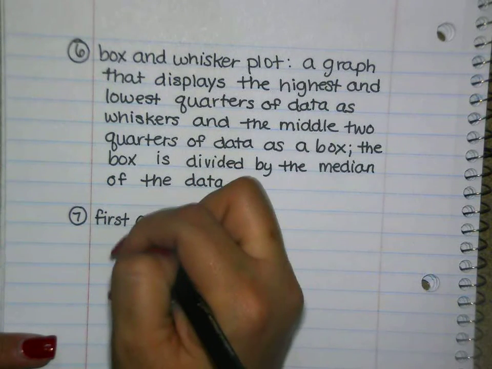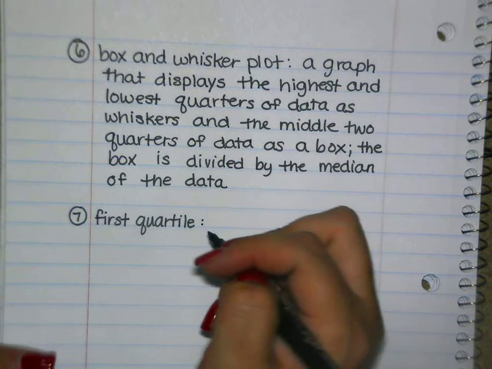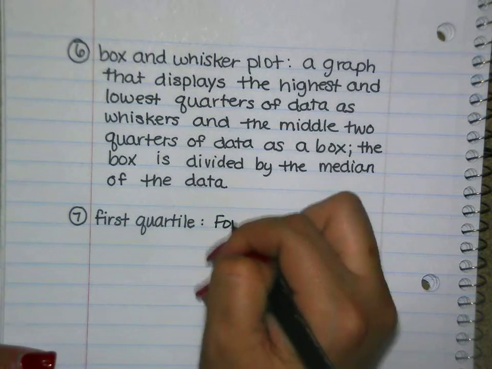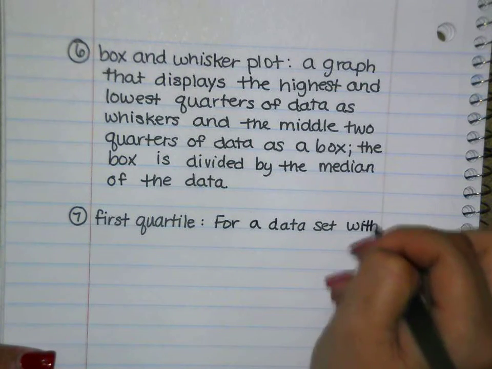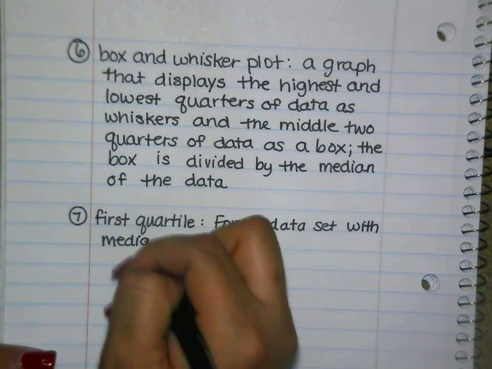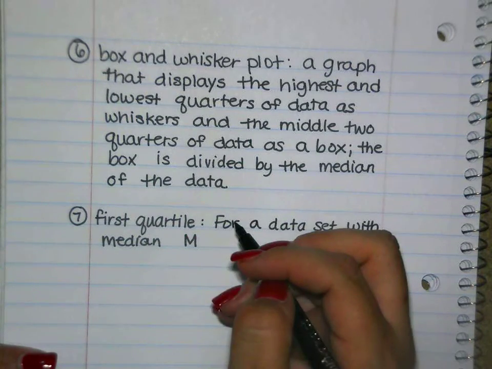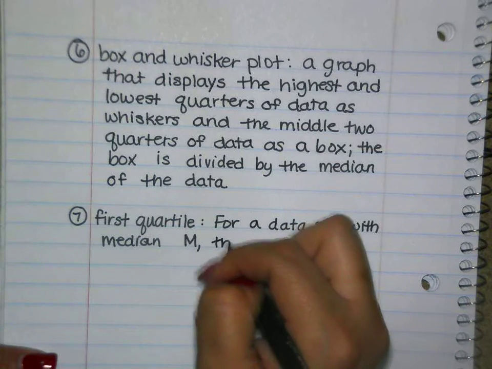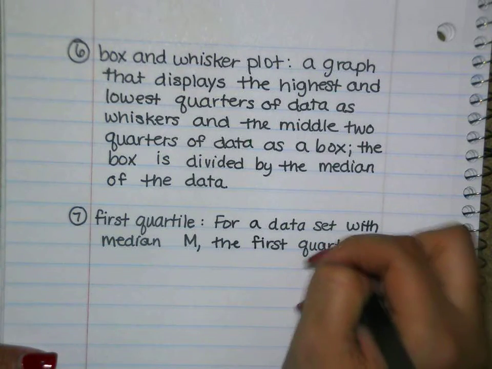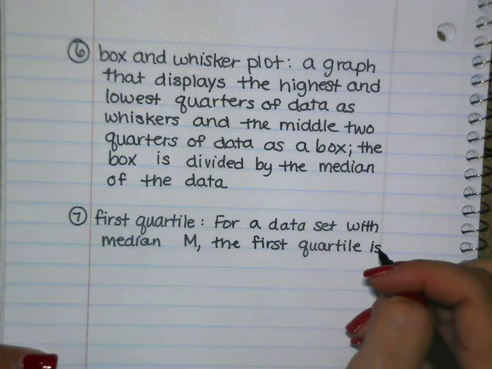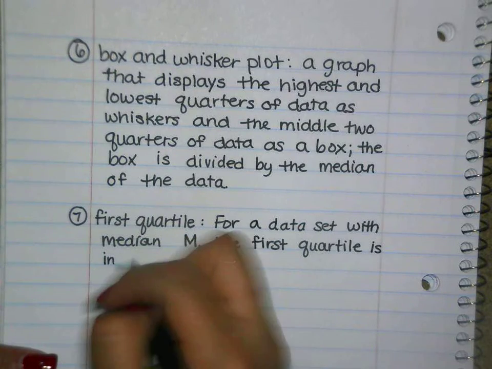For a data set with median m, the first quartile is the median of the data values less than m.